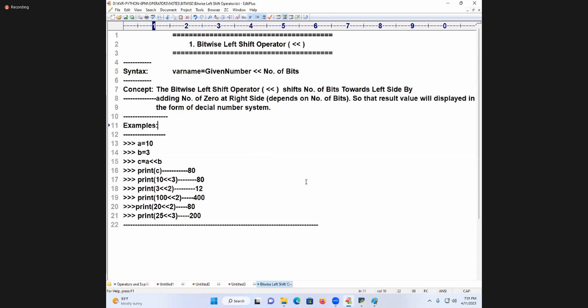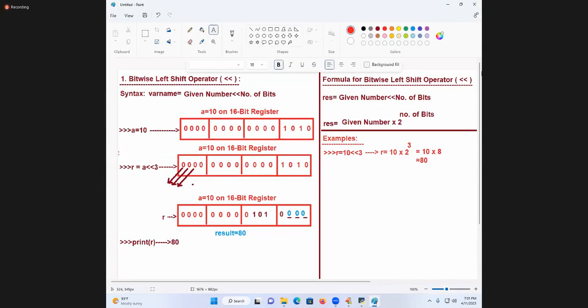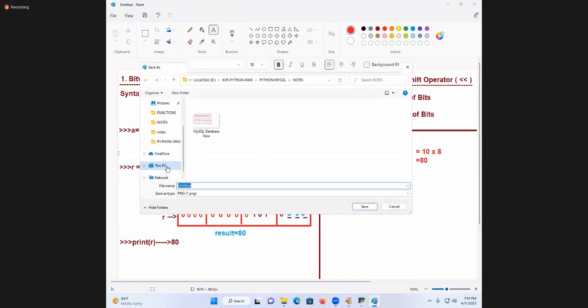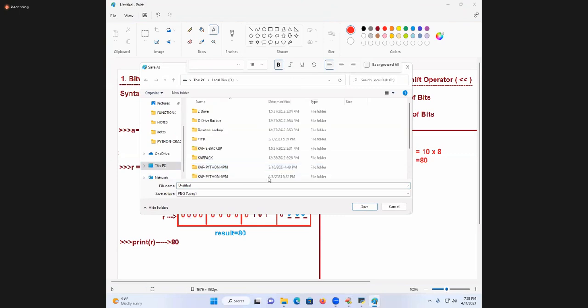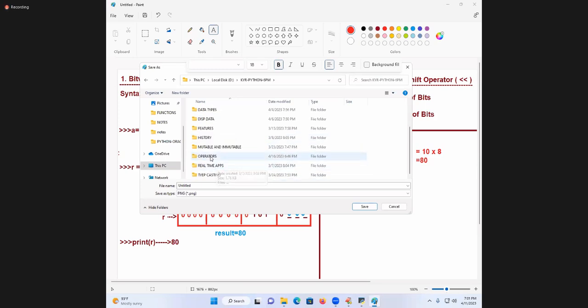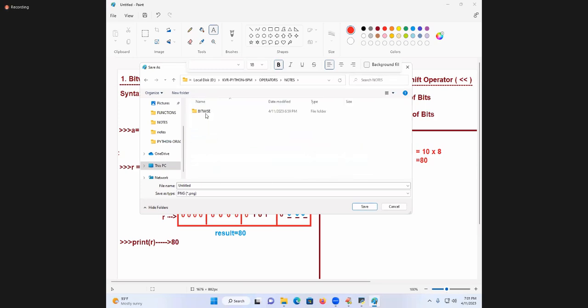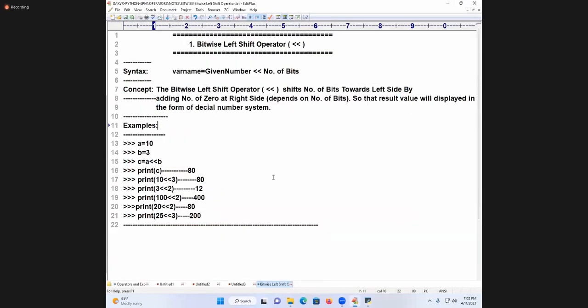Shall I take the right shift operator? So I will save it under bitwise. Which operator? Left shift. I'll go to this place, D colon 6 p.m. Operators, notes, under that bitwise operators, I will add here the bitwise left shift operator diagram. That operator is done.